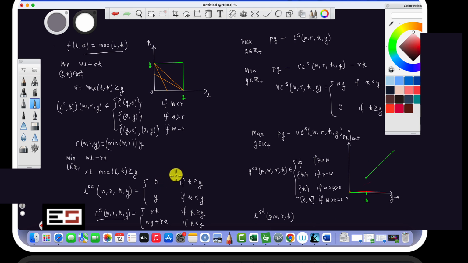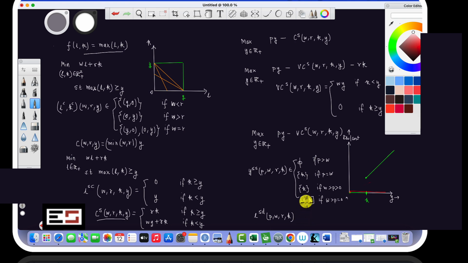Notice that if k is greater than or equal to y, it is going to be 0 always. And if k is less than y, then it is y. So let's just use this to eliminate y here. We just need to write it as a function of p, w, r, and k.